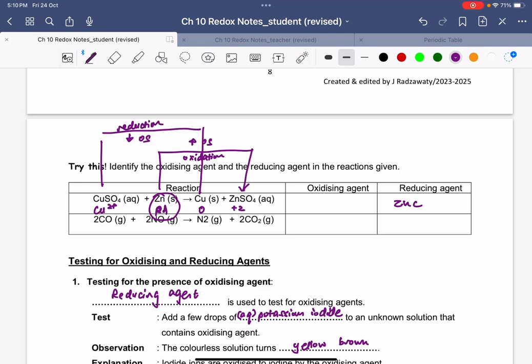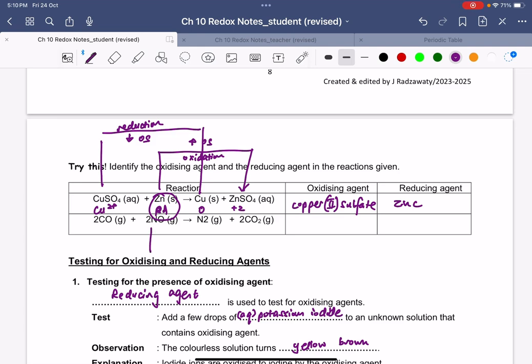If this is a reduction, my oxidizing agent is copper sulfate. I hope this clarifies.